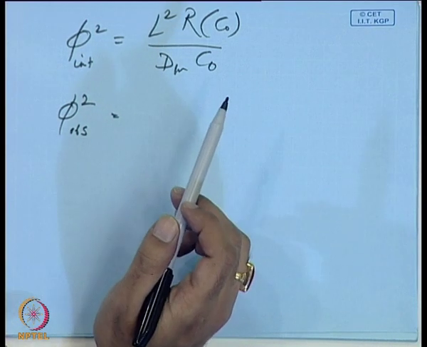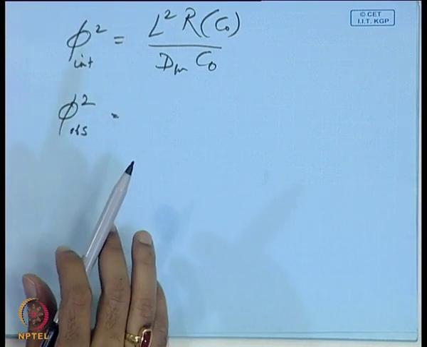So, the Thiele modulus, that is the actual Thiele modulus of the particular reaction and the material, is different from the Thiele modulus that you observe experimentally. If you can think in the direction of why that happens, then you will be able to tell me what the observed Thiele modulus is.